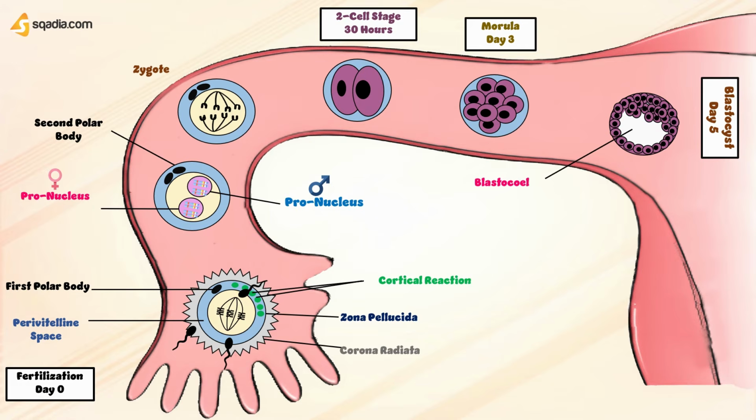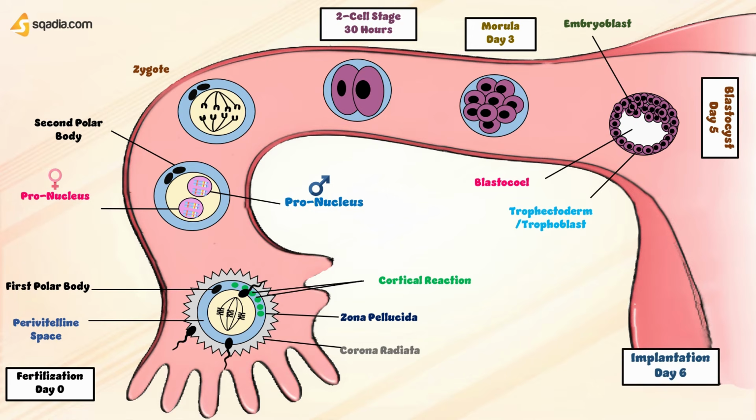Now, continuing our topic. Two different parts of the blastocyst are now recognizable: the flattened trophectoderm cells, or trophoblast, and an eccentrically placed inner cell mass, or embryoblast. On day 6, the blastocyst implants in the endometrium lining the uterus. Can you see this implantation?